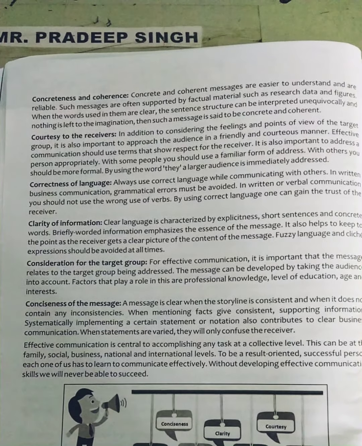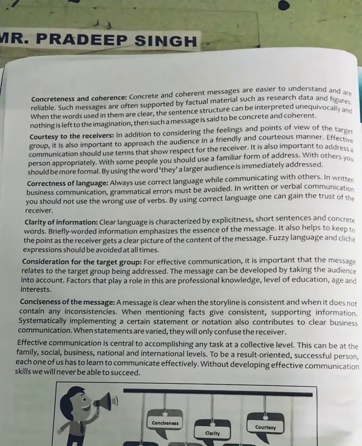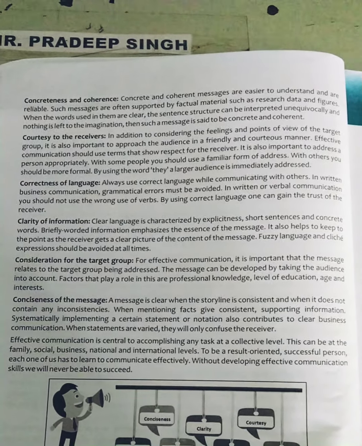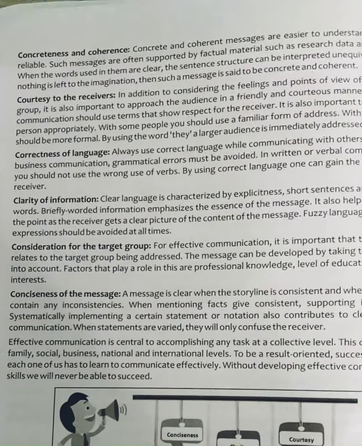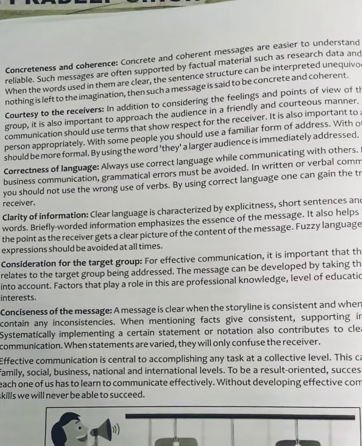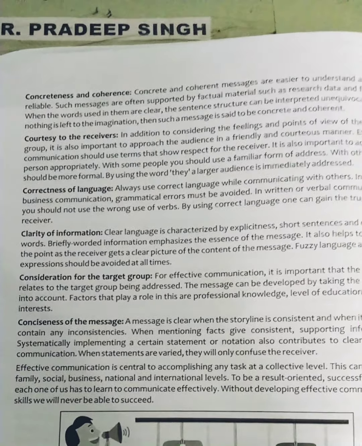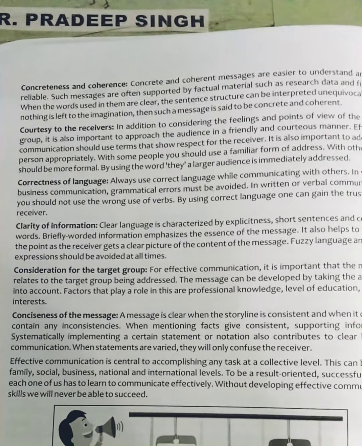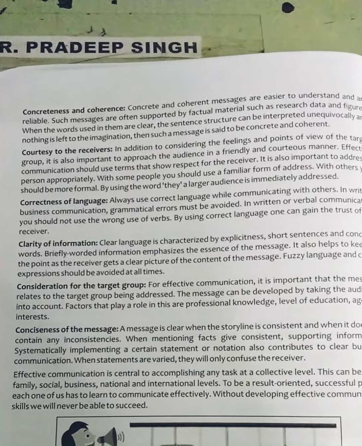Briefly worded information emphasizes the essence of the message. It also helps to keep to the point as the receiver gets a clear picture of the content of the message. So clarity of information simply means we need to be clear in our communication, in our message, what we want to give to the receivers.